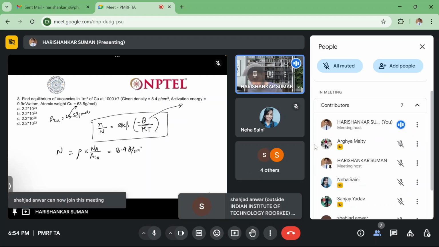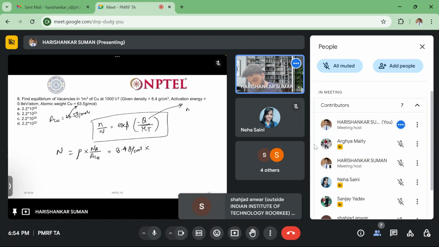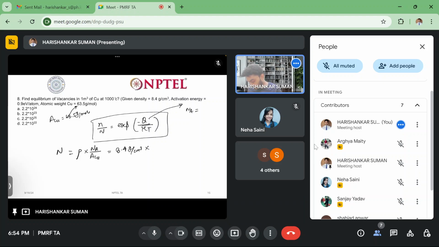We know N equals how much? 6.02 into 10 to the power 23 times density upon molecular weight 63.5 gram per mole.